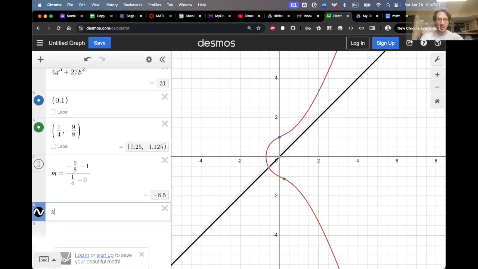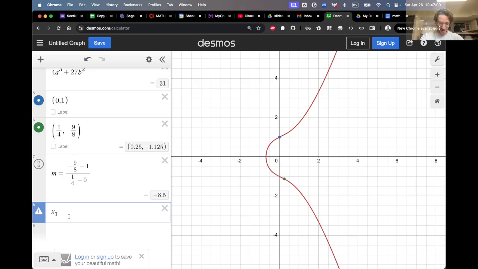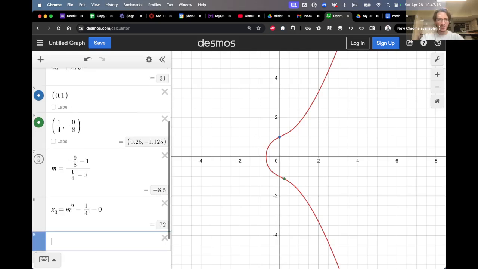And now I can calculate x3, which is m squared minus x2, which is 1/4, minus 0. So there's x3, which is 72. And y3 is y1, which is 1, plus m times x3 minus x1.